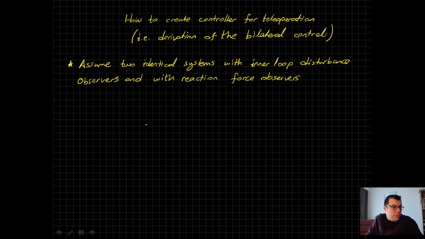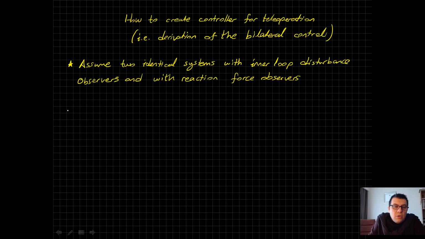So what we want is to make the derivation for two copy-paste systems. Master and slave systems have identical properties with inner loop disturbances and inner loop disturbance observers. That means that just coming up with the desired acceleration for the master and slave systems to satisfy our goal would be sufficient for our derivation.